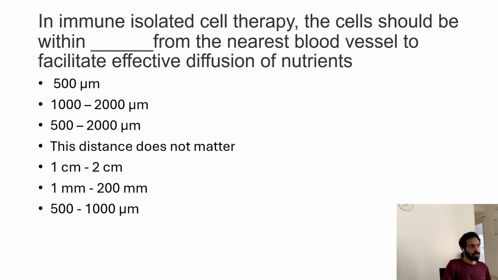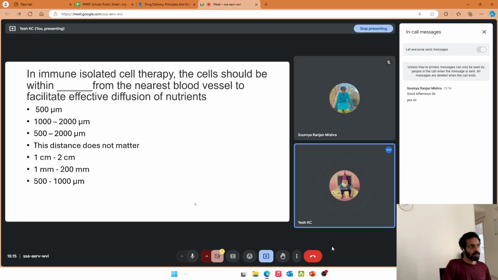Okay, moving on. So, in immune isolated cell therapy, the cell should be within how much distance from the nearest blood vessel to facilitate effective diffusion of nutrients? So, immune isolated therapy is where you have non-host related cells, so coming from another person or another animal, and so forth.